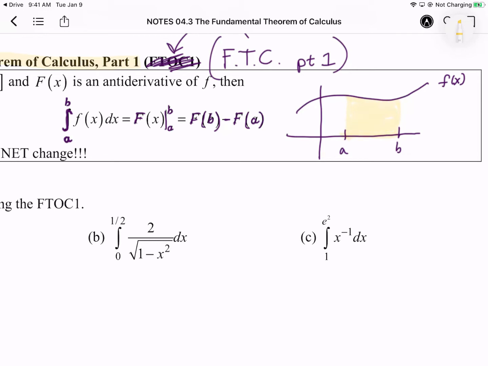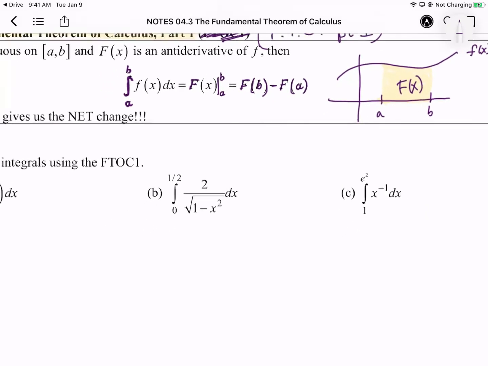Basically we would find the area from negative infinity to b, and then we're shaving off all the parts that are in front of a. That's why we do F of b minus F of a. We're getting rid of all the extra part that is in front of a. So everything in here is f of x, that's my big F of x from a to b.